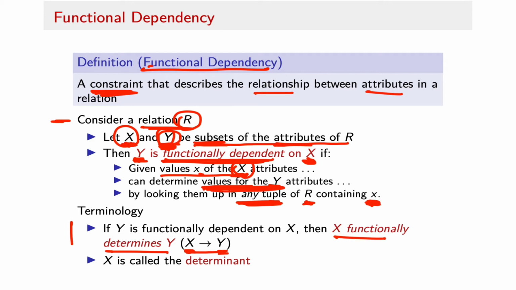And because this is such an important relationship, we also have a special name for the thing on the left-hand side of the arrow. We call it a determinant, not related to the determinant in linear algebra. It's just because this determines something, it's called the determinant.